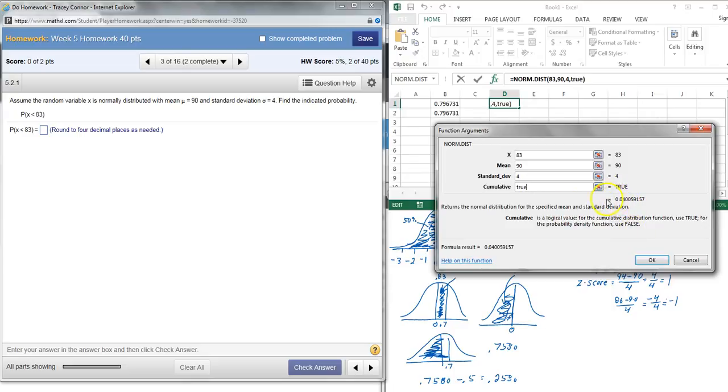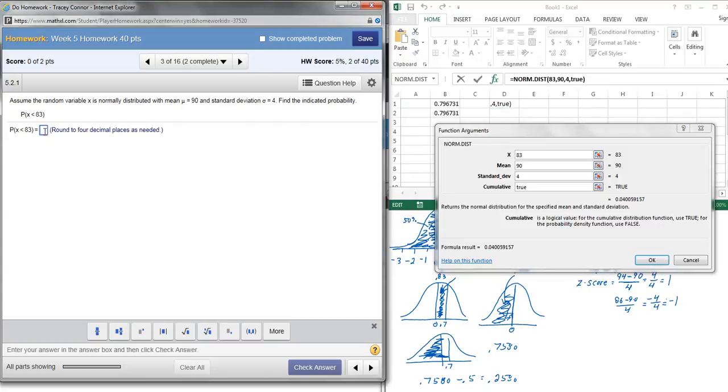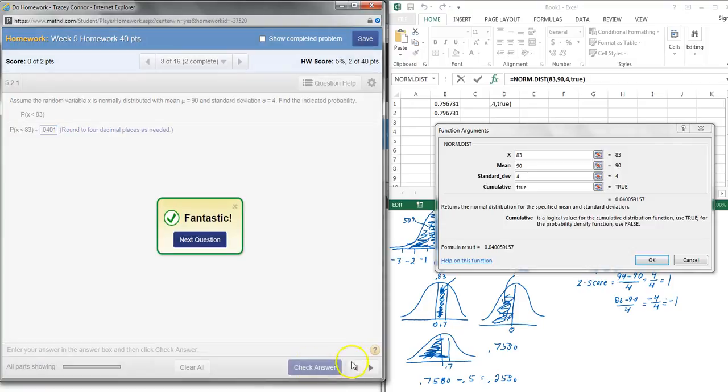So it's a very small probability that we would get a value less than 83 given a standard deviation of 4 and a mean of 90. Rounding to 4 decimal places, it looks like it would be 0.0401, and we'll check our answer.